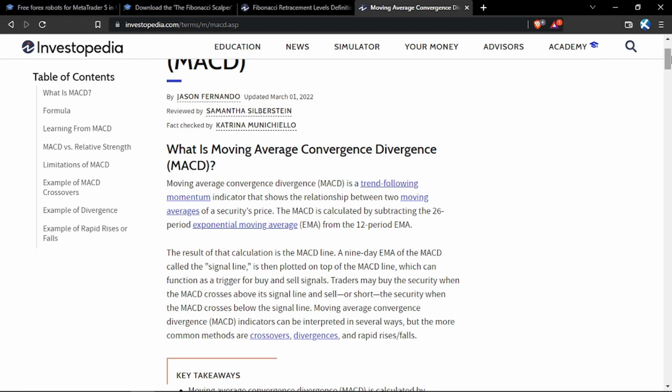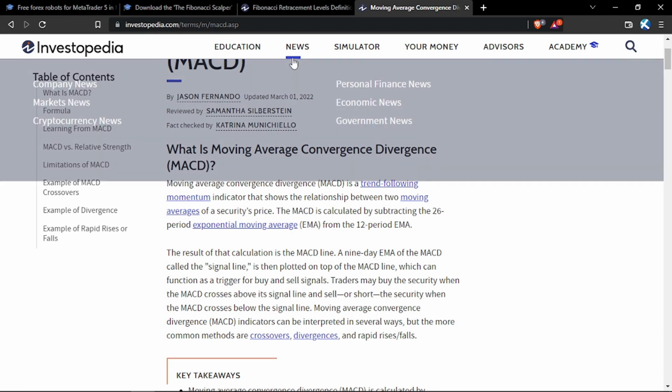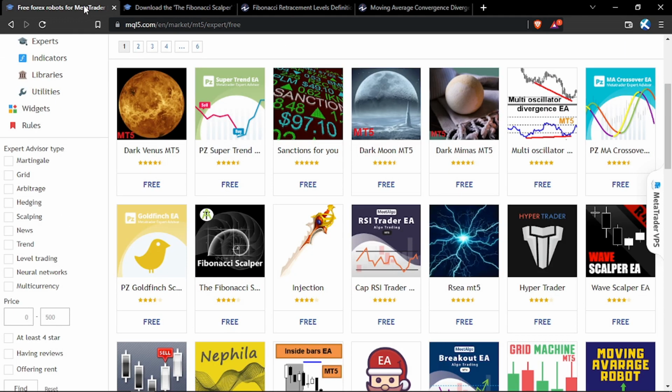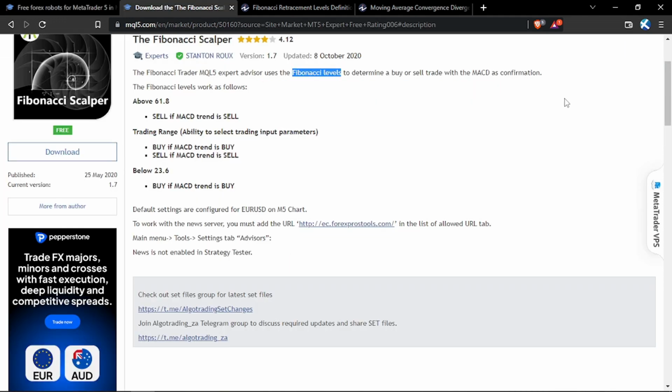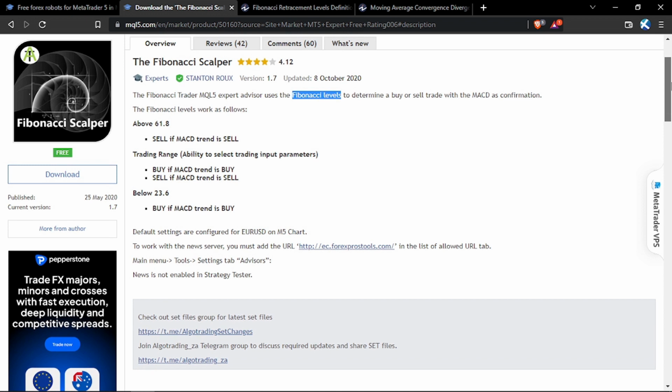So now that we understand a little bit more about the Fibonacci levels that this EA uses, and we understand more about the MACD, this also offers the opportunity to add a news filter, which I will show you how to add into your settings in a second.